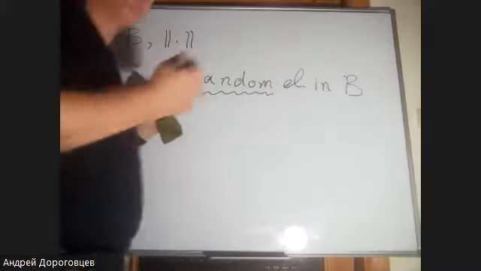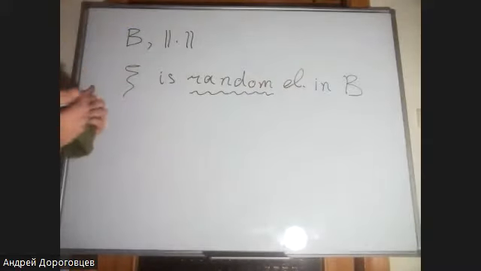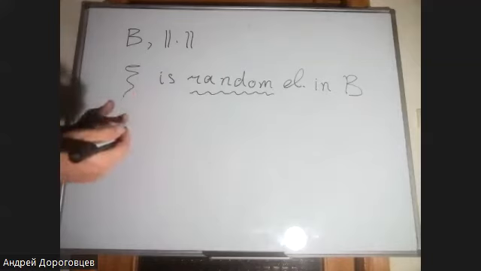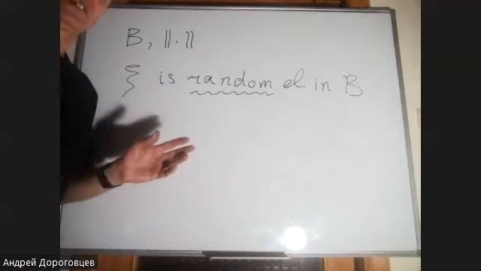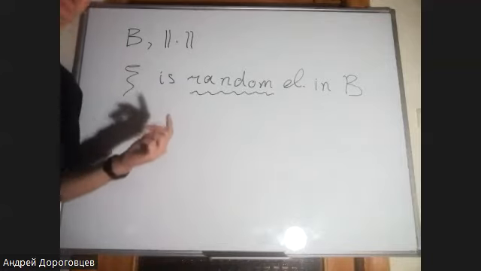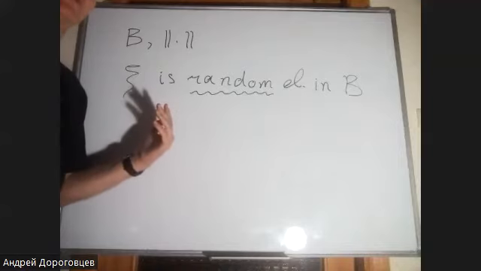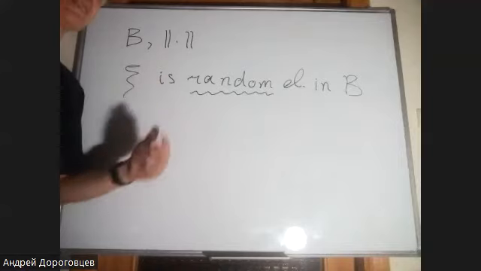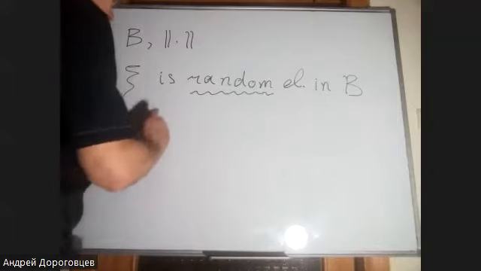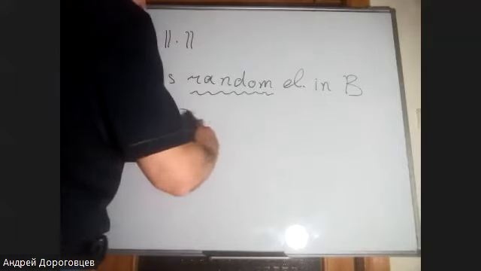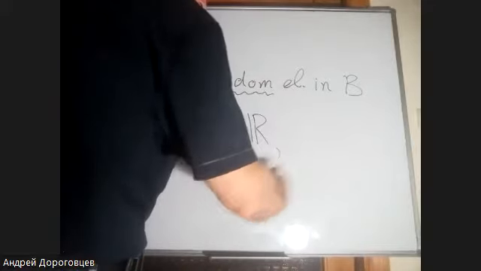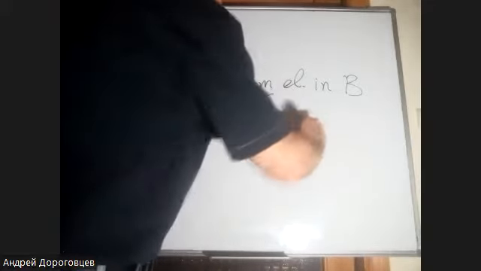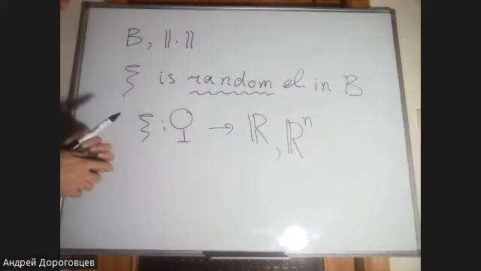You remember the main definition where strict formal probability theory begins: a random variable is a measurable map from omega to R or to Rn. Now what we must write?